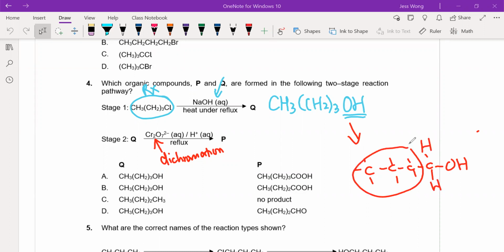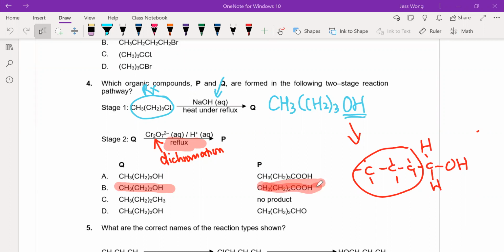So a primary alcohol under reflux condition will therefore give you carboxylic acid. So if you choose the answer, you should get B, where you get an alcohol and a carboxylic acid.